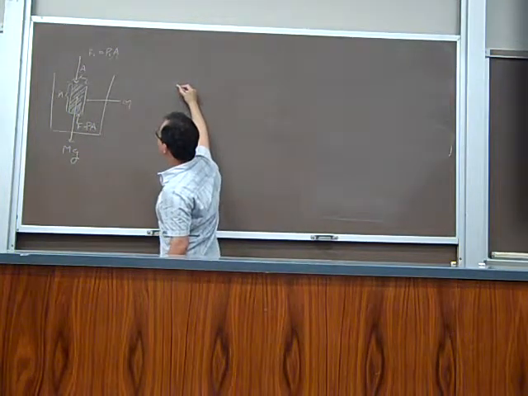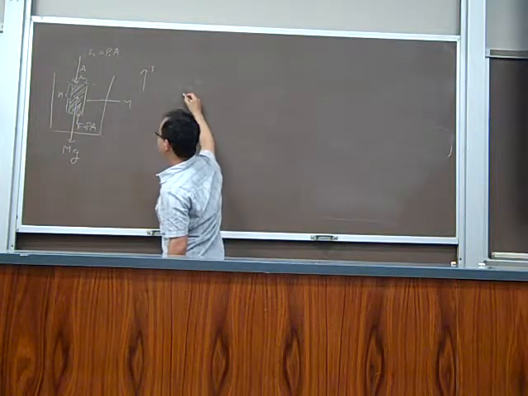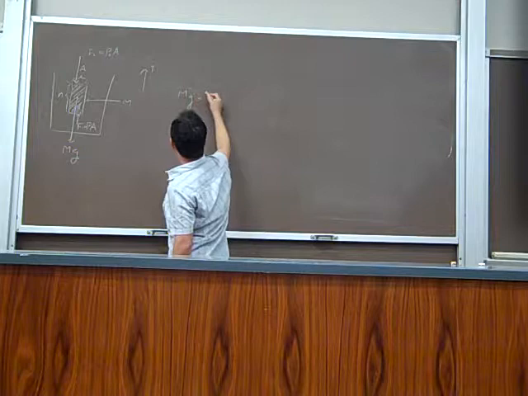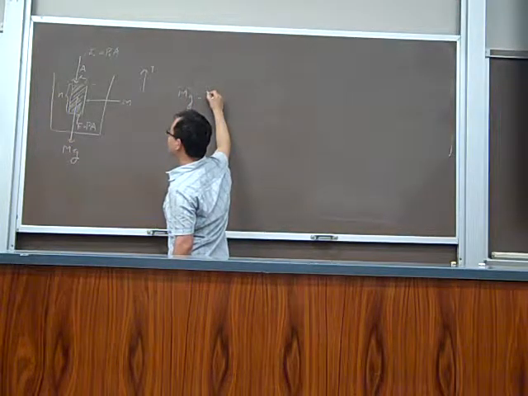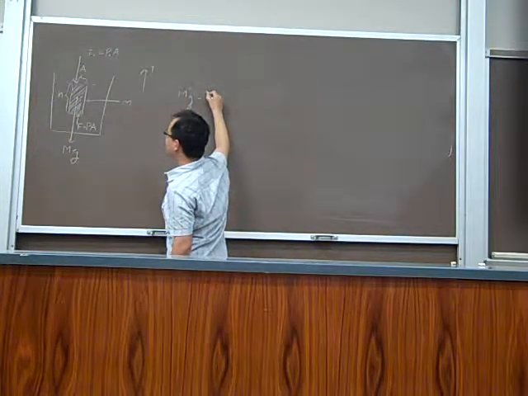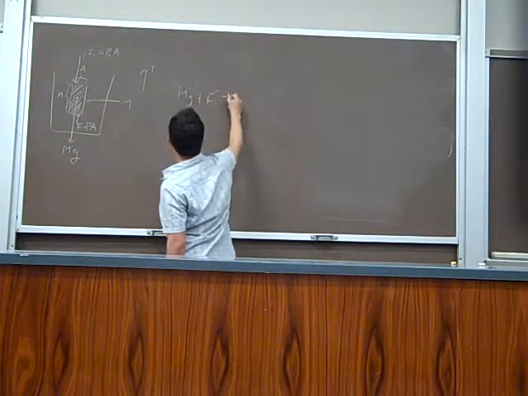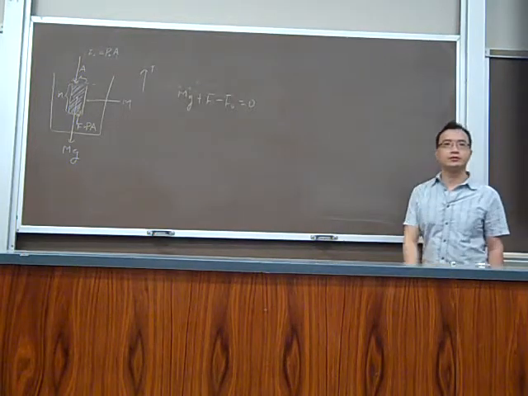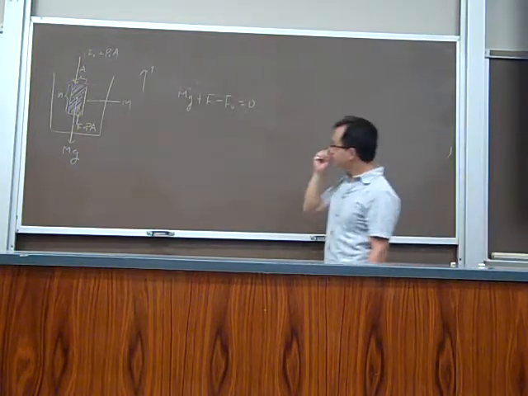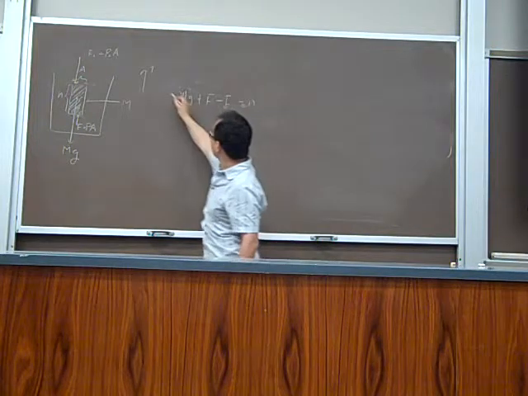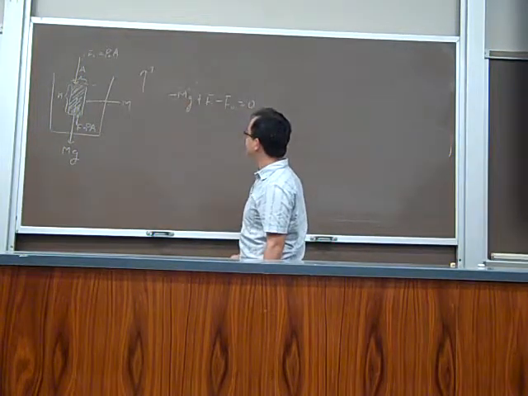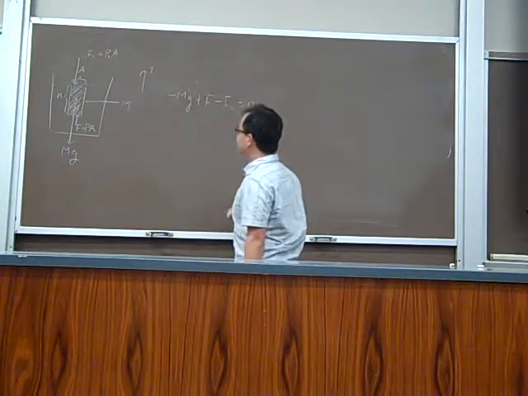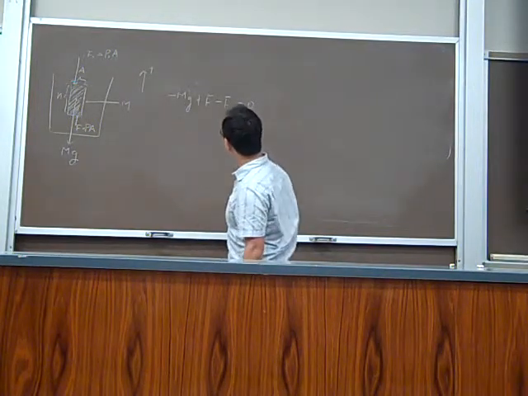So let's make upward positive. So it's minus mg plus F minus F naught equals 0. So it's F naught equals mg plus F. Yes, mg is negative. Negative, positive, negative. That's right. Okay.